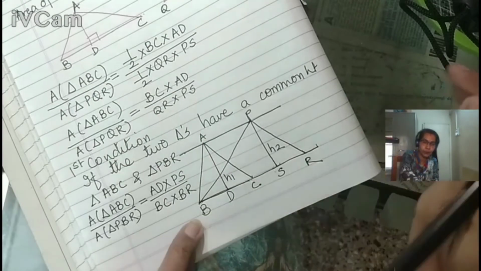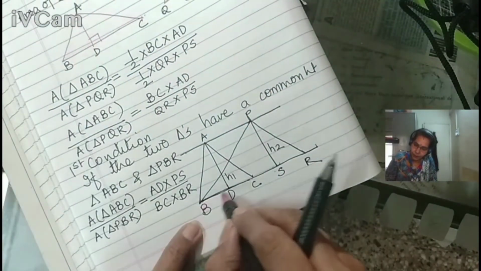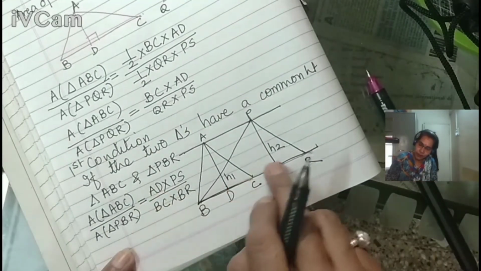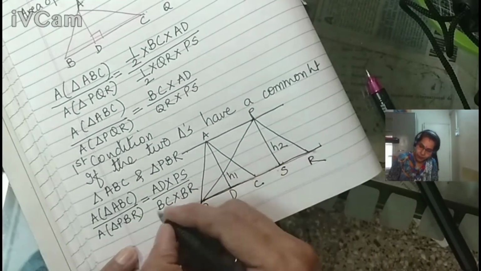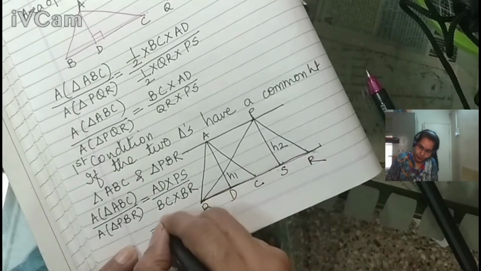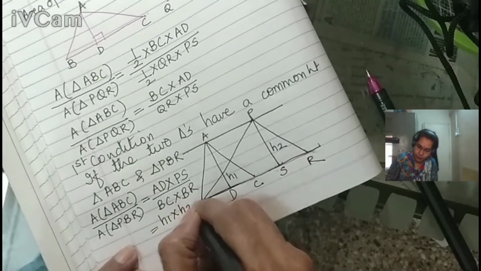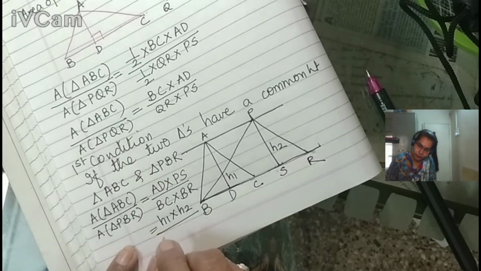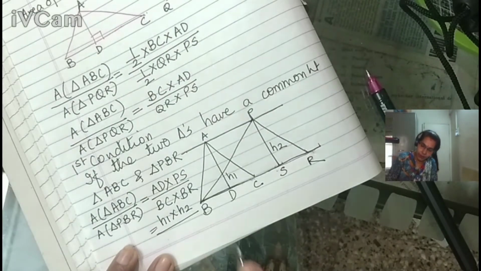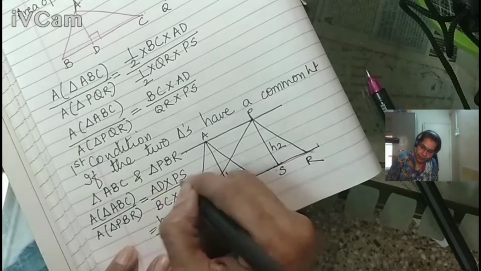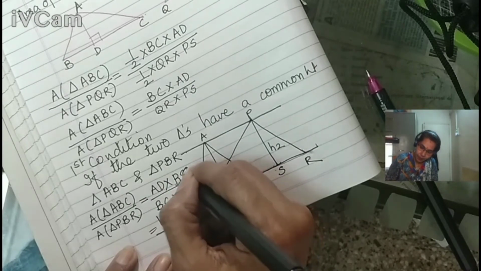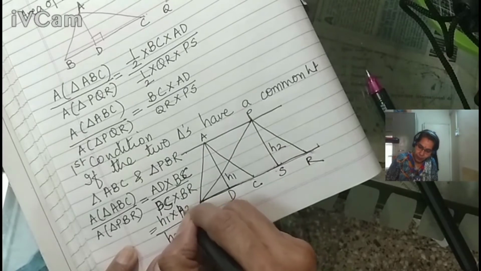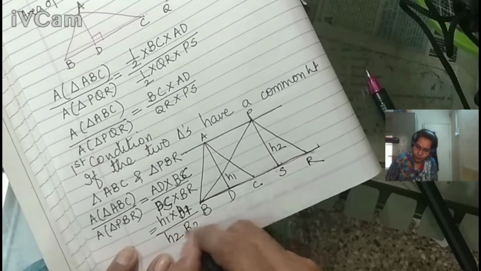If you look at H1 and H2, that is AD and PS, this will be base 1 upon base 2.